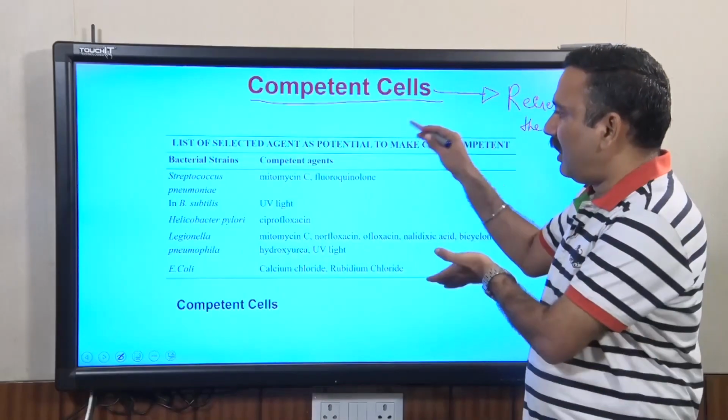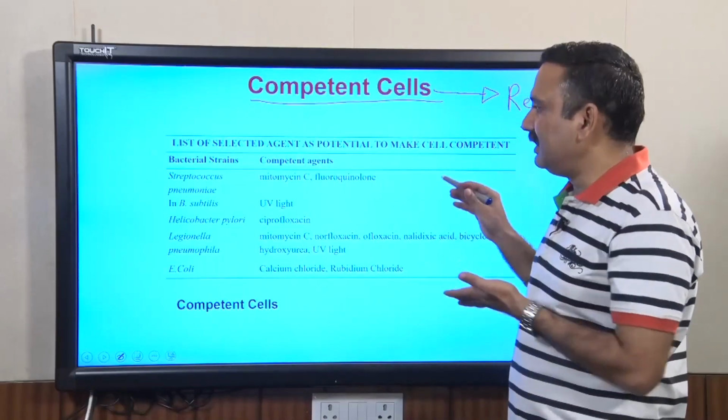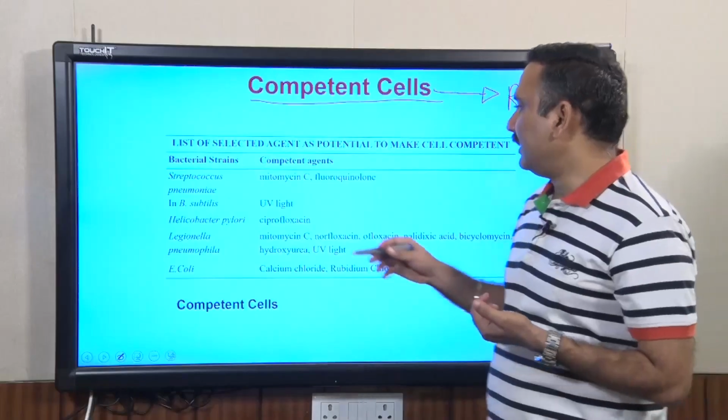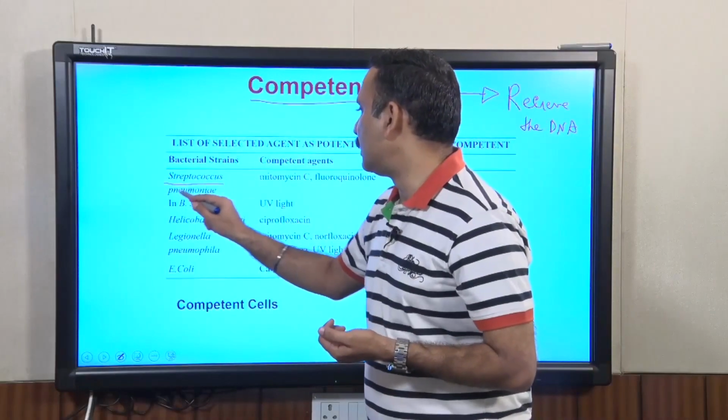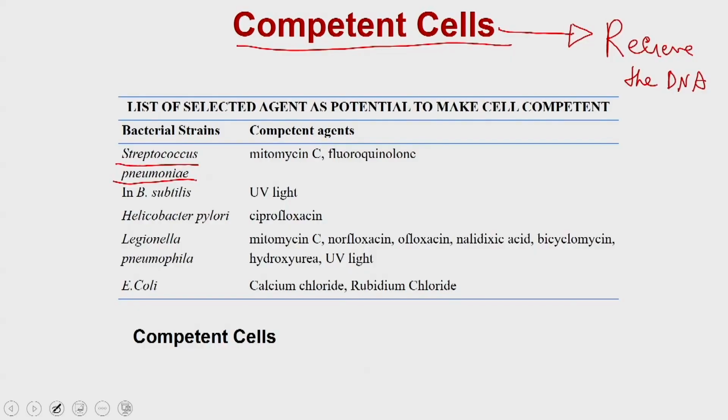So, you can see a small list where I have enlisted different types of bacteria. For example, in the case of Streptococcus pneumoniae, you have to treat these cells with mitomycin C or fluoroquinolones. Similarly, in Bacillus subtilis, you have to treat them with UV light, and that actually makes these cells competent to receive the DNA.